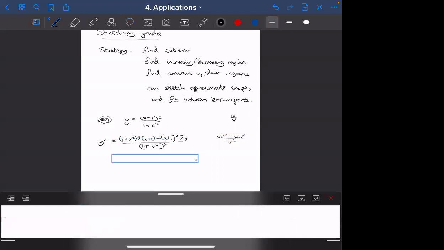But this is going to simplify. Okay, we'll continue this after the break.